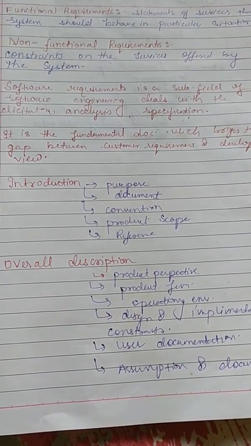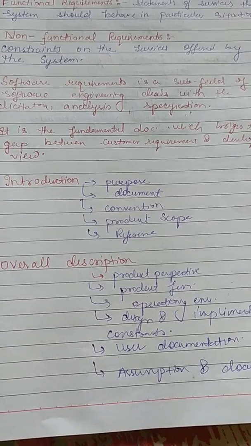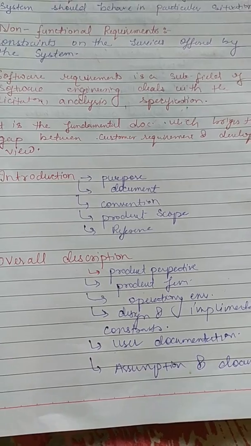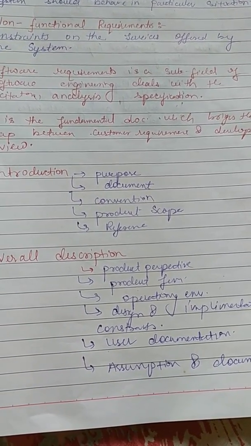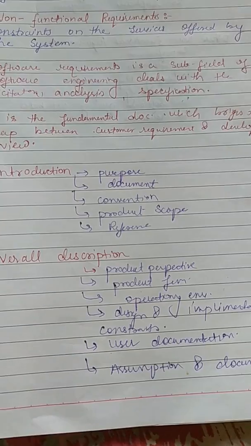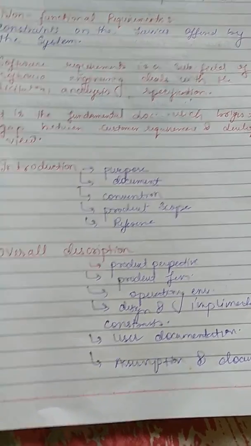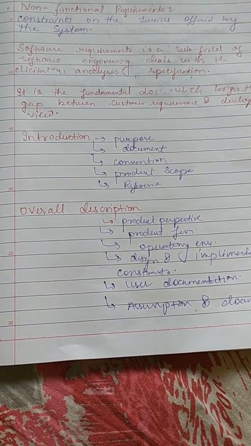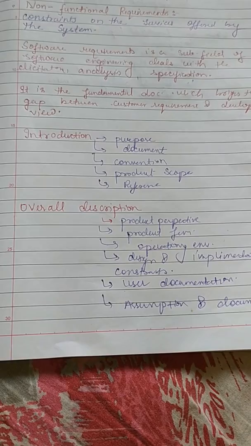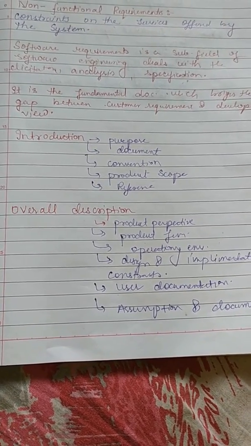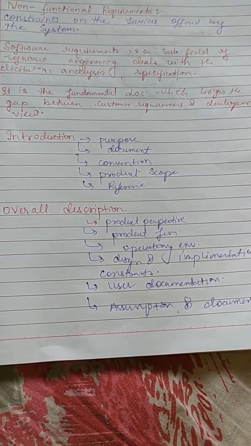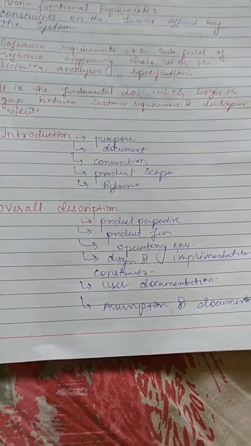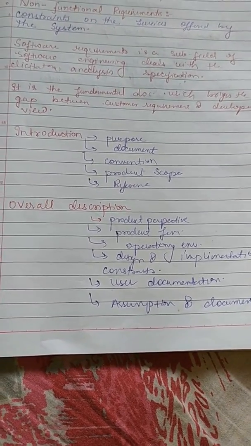Overall, the SRS includes the introduction. In the introduction part, the purpose of the software is mentioned, then the proper documentation detailing of the software, conventions, product scope, and references. In the overall description of the SRS, we have the perspective of the product, functionality, and constraints: in what platform or environment, whether it is a business intelligence, database, or network environment, the software product is going to be established.